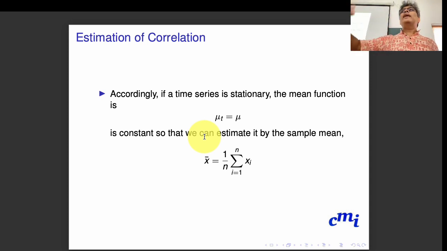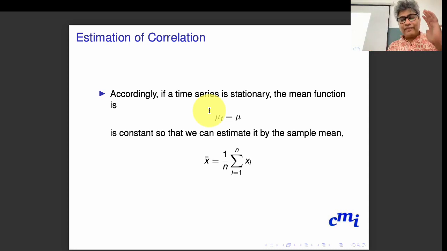That means all my x values will hover around mu. It will not go far away from mu, it will hover around mu. Sometimes it will be on the positive side of mu, sometimes on the left side, sometimes on the right side. So on average it will give me an estimate. It could be a biased estimator, it could be an unbiased estimator, it could be statistically consistent or inconsistent. All these questions are yet to be answered.